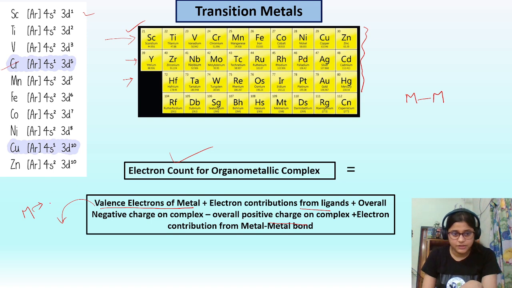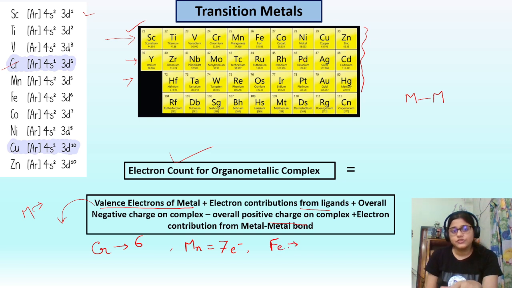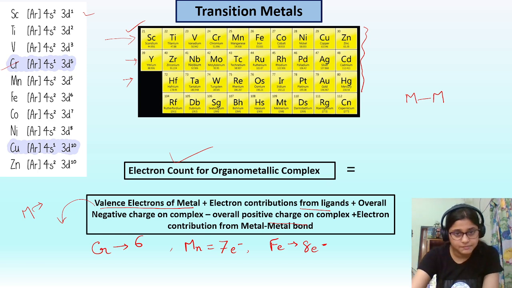How many electrons should we take for valence electrons? We should take 5 plus 1, that will be 6 electrons. And let's say for manganese, 3d5 4s2, total 7 electrons. For Fe, 3d6 4s2, so 8 electrons. So like that way we have to count the electrons for metal.